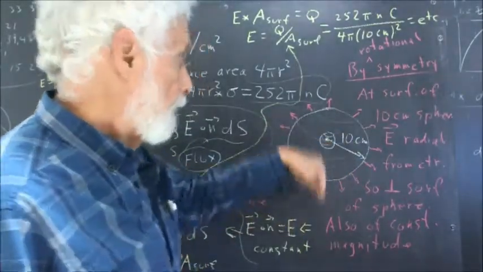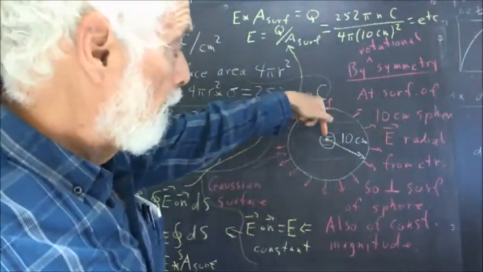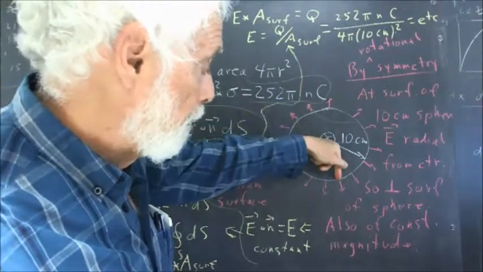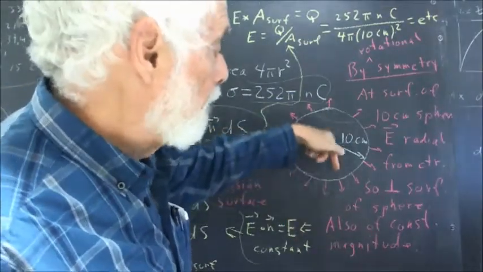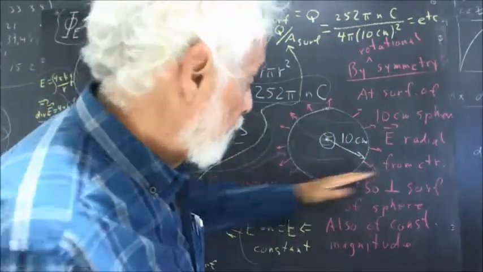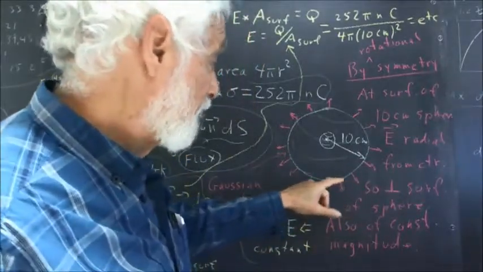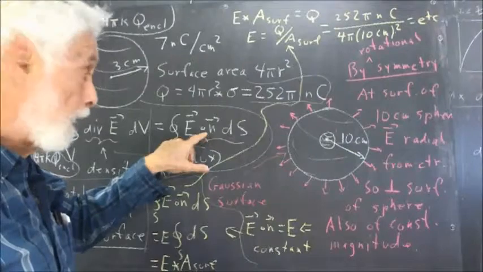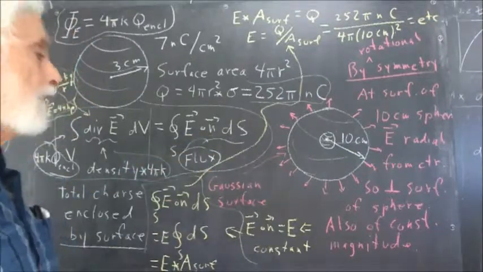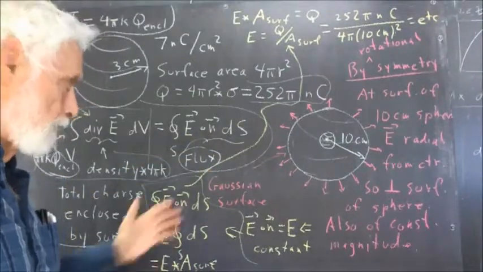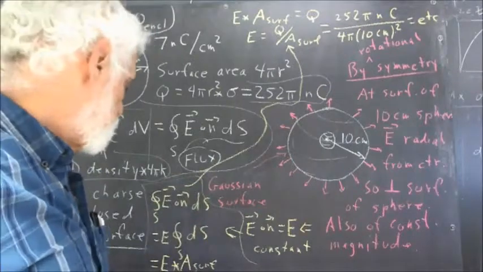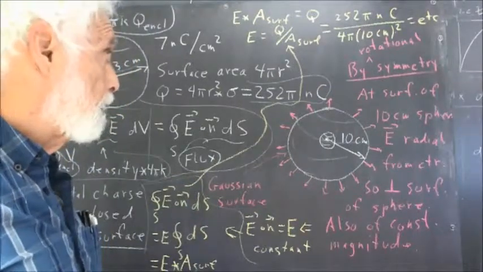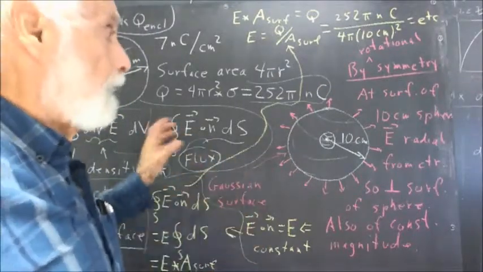It's going to be parallel to a line from the center out to the point at which we're looking at the field, which means that it's going to be perpendicular to the surface increment and parallel to the normal vector, as is required in order to use this to calculate an electric field.